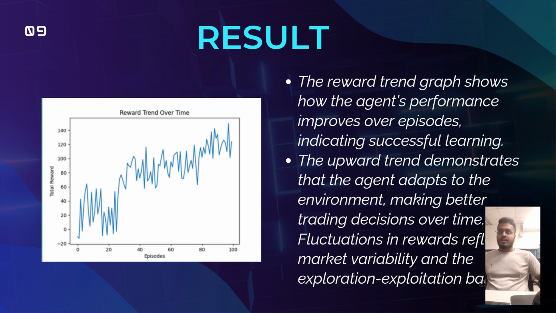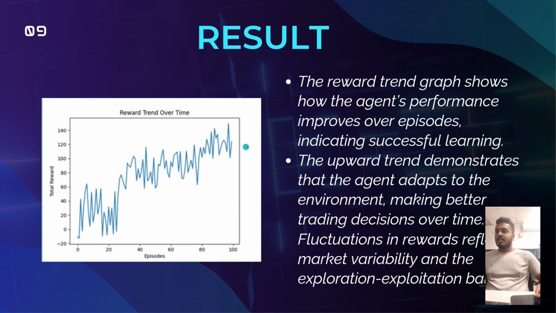Reward fluctuation reflected the trade-off between exploration and exploitation as well as inherent market volatility. Graphical results from the training session showed an upward reward trend over episodes, with improved trading decisions as training progressed.